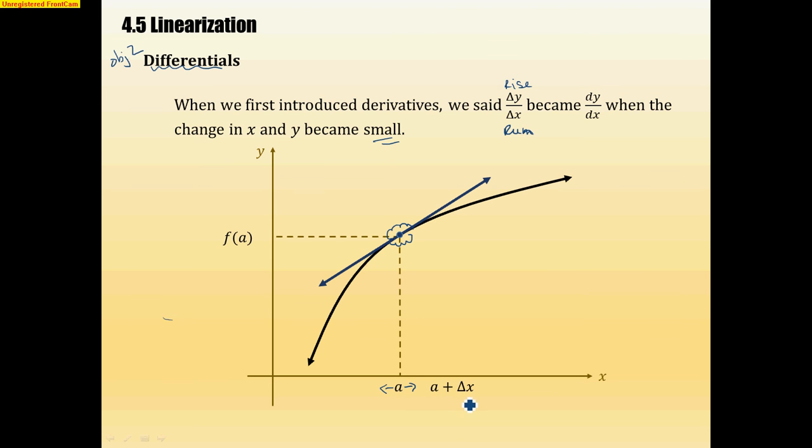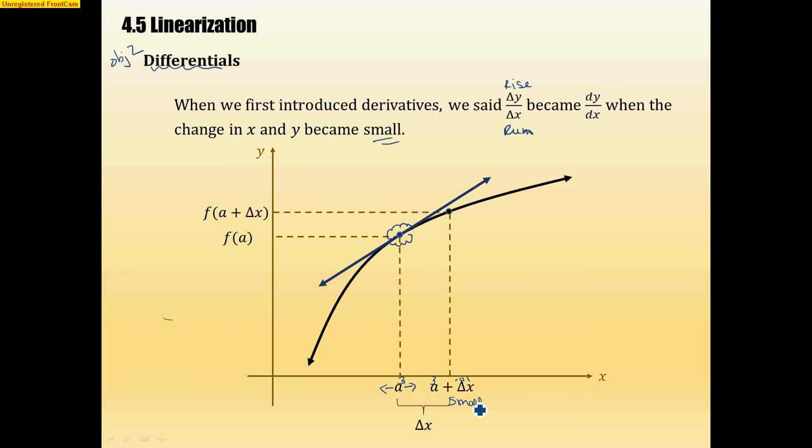If I move a very small distance away, when I go up to the curve, this is f of a plus a little bit, right? So imagine this is 3, and this is 3 plus 0.01.